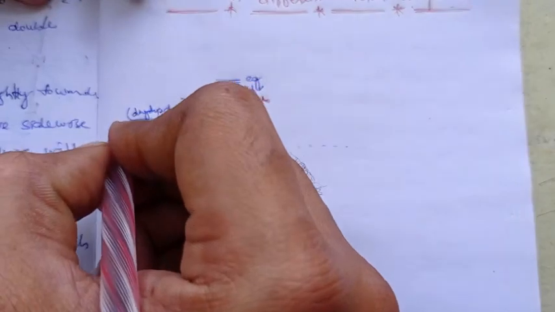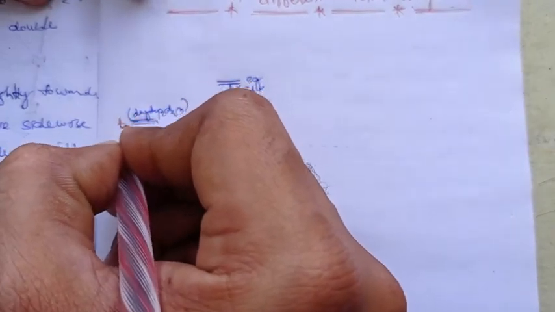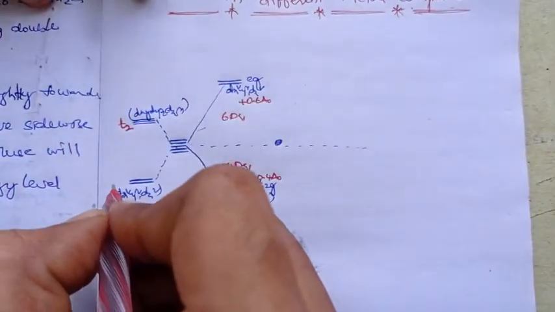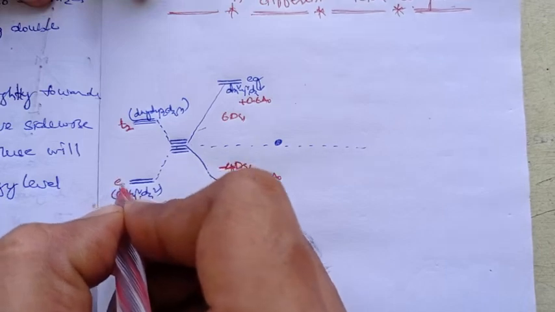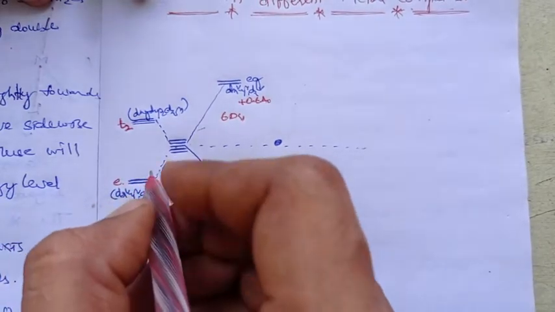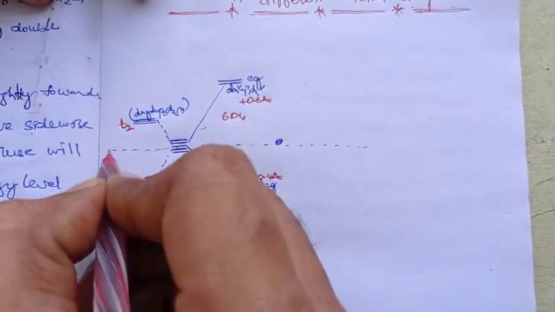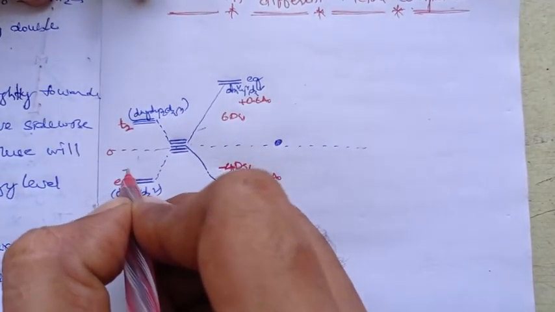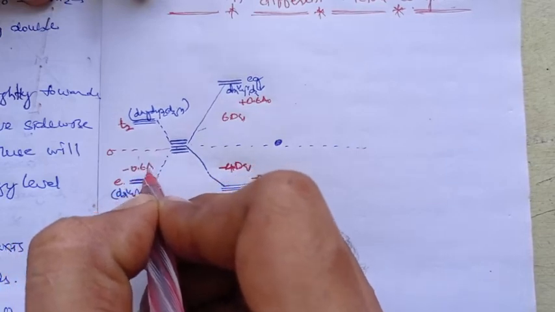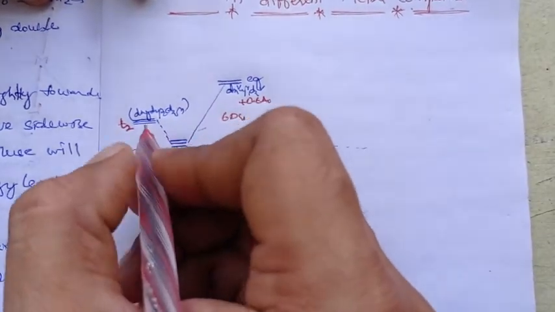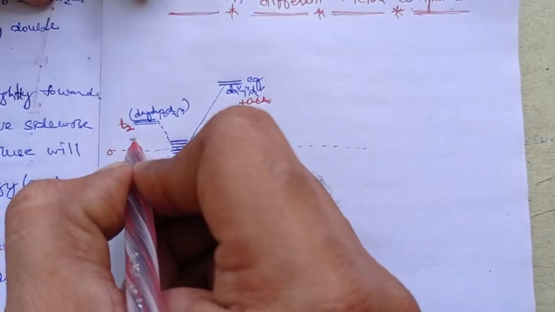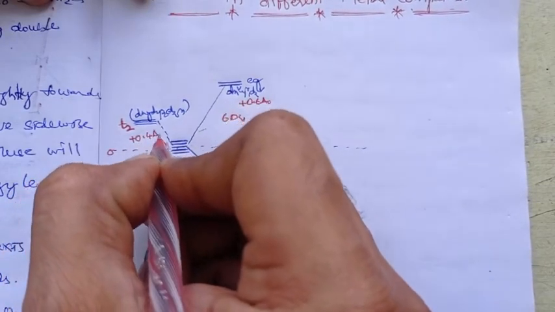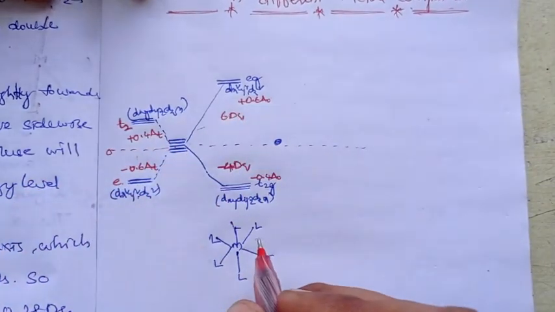The excited level is represented with T2 and the lower level with E. Relative to the zero state, the lowering is minus 0.6 delta T and the excitation is plus 0.4 delta T.